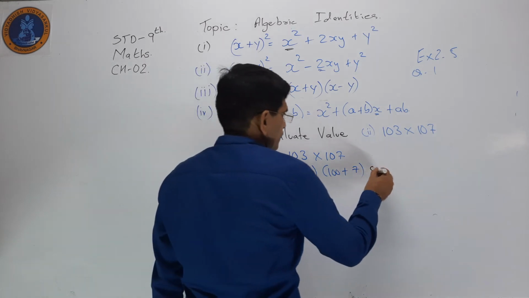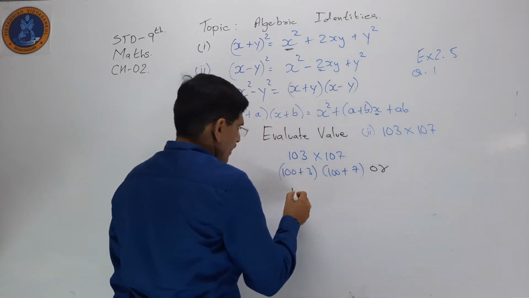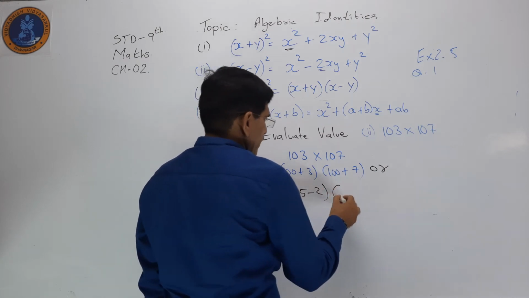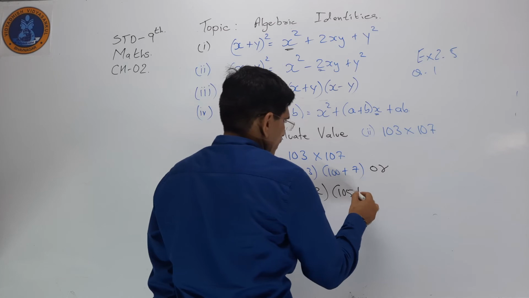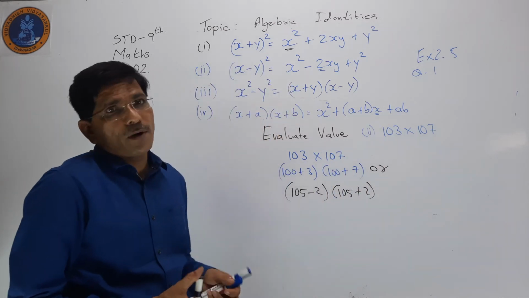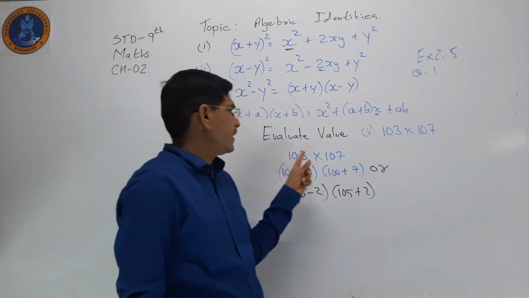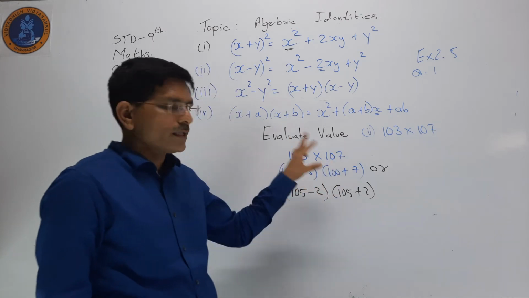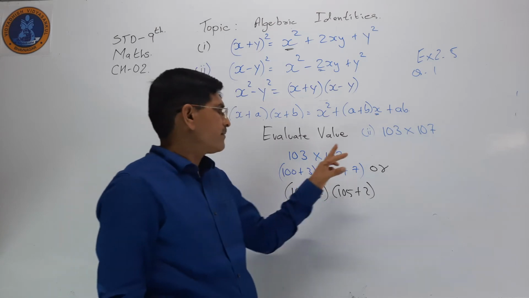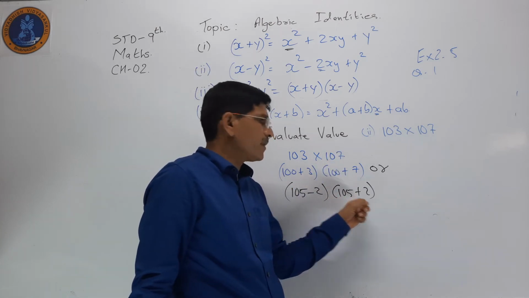Or 105 minus 2 and 105 plus 2. Is it correct or not? If you see properly, it is correct. 103 means 105 minus 2, and 107 means 105 plus 2.